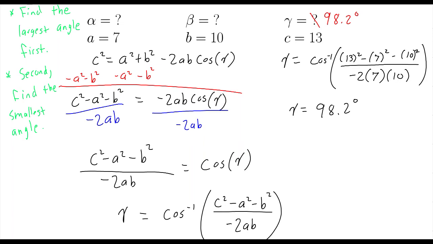Okay, so let's find the second one. So to find it, I'm going to use the law of sines. So sine of, let's find alpha, because alpha is the smallest. And I know it's the smallest, again, because it's across from the smallest side. Sine of alpha over 7 equals sine of gamma over 13.